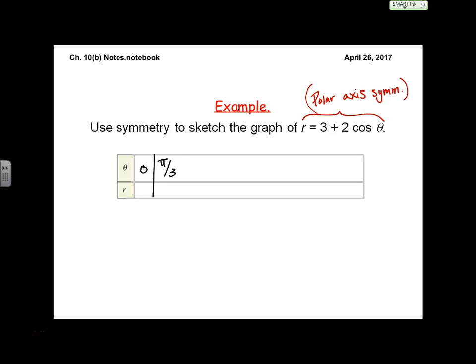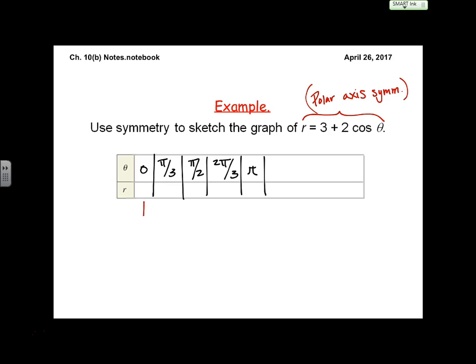We're not feeling decimals. Let's see if we can figure it out without the decimals. So we're just using the 90s, the 60s, and the zeros. I'll stop at pi for right now. We might need to go some more, but we'll see if we can get a good picture.